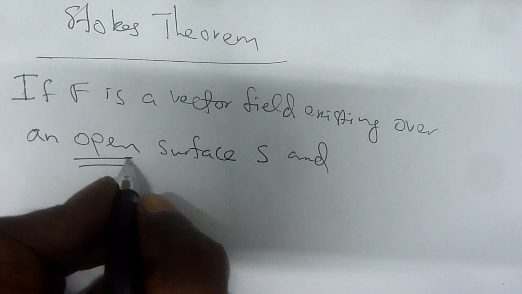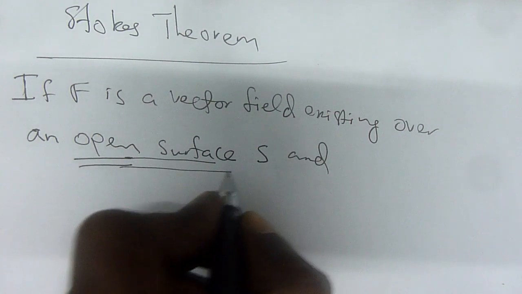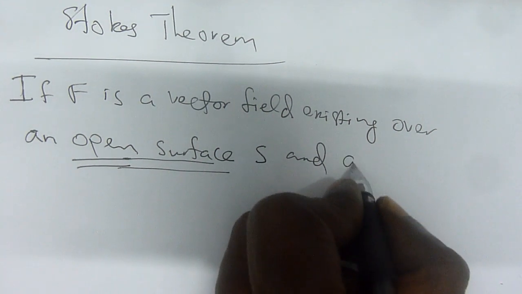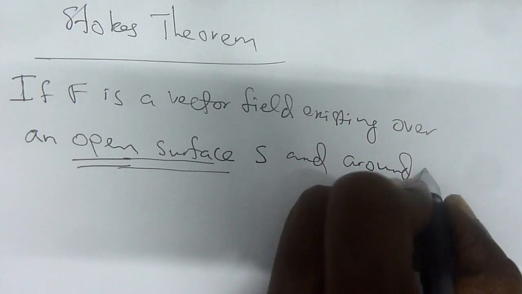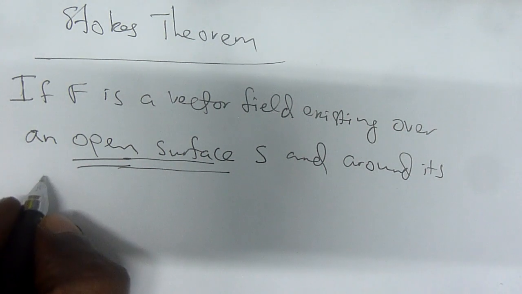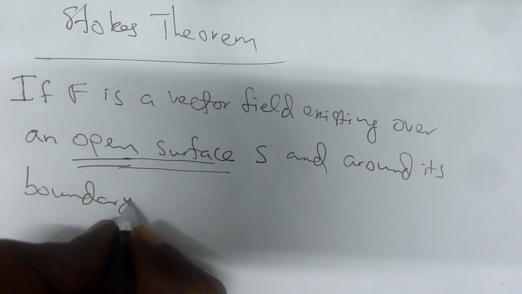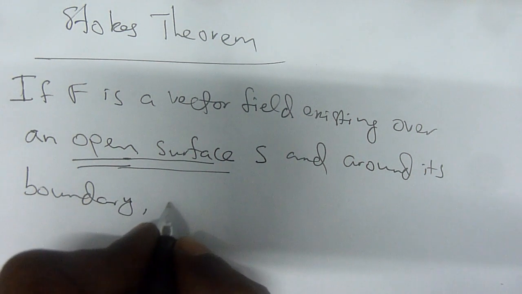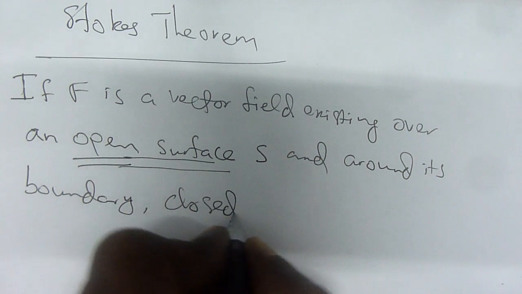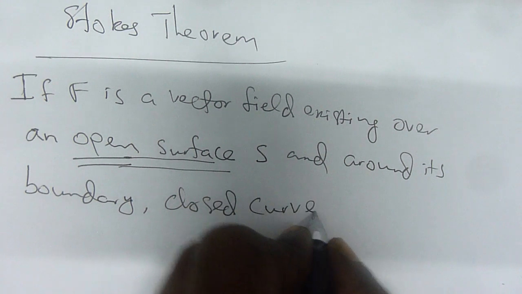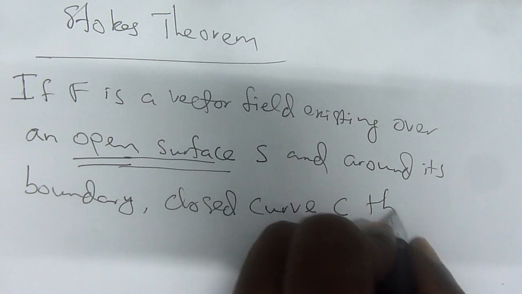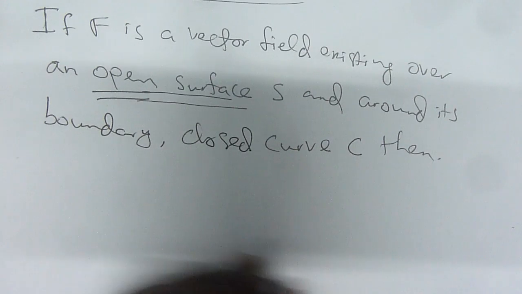It's very important. And around it is a boundary closed curve C. Then this is the formula.